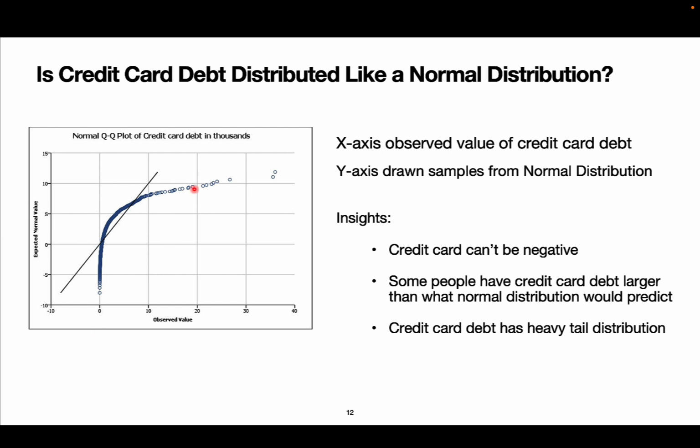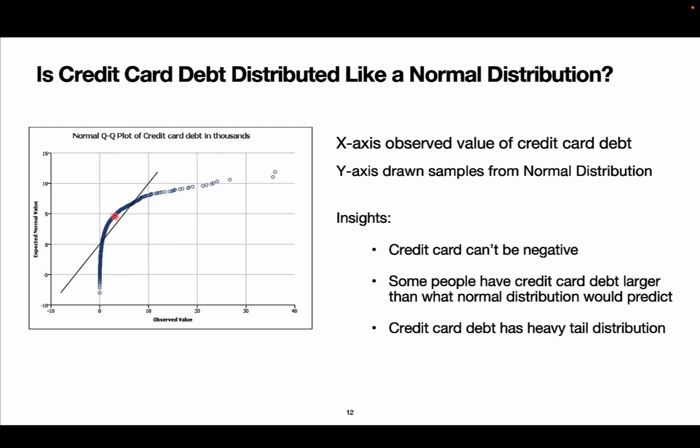And then we plot the data and try to interpret these observations. So one key observation is that credit card debt can't be negative. Also, some people have a credit card debt larger than what a normal distribution would predict.